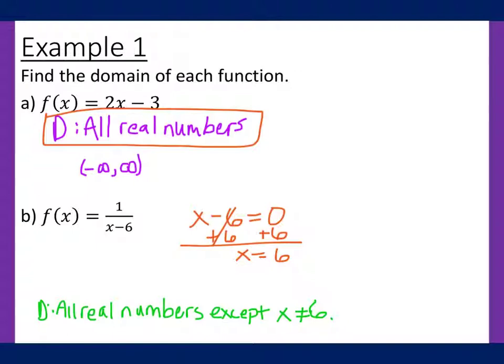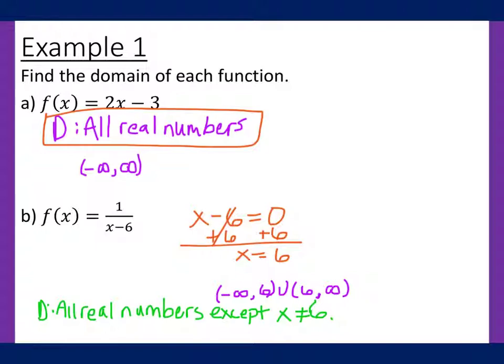The way to write that in interval notation is kind of tricky, and so that's why I gave you this format to write it in. But just in case you need to know, we would say we can go from negative infinity until we get to 6, and then we would go from 6 to infinity, and both of the times that we write 6, we have parentheses, not brackets, to say this is not equal to at 6.